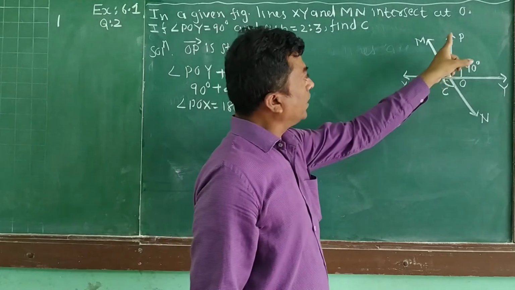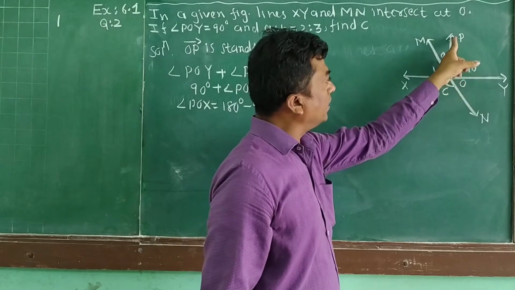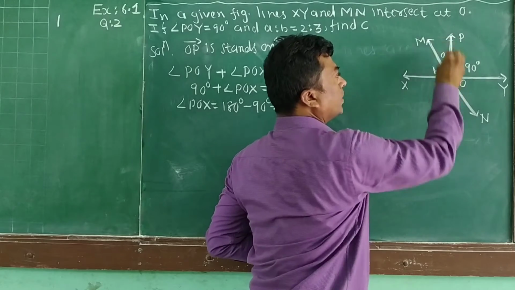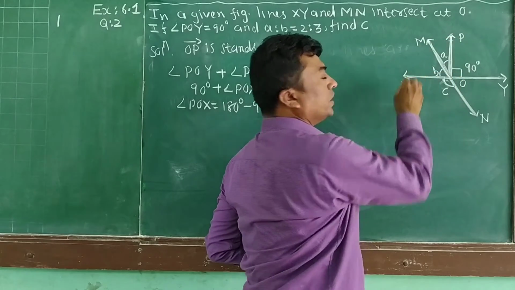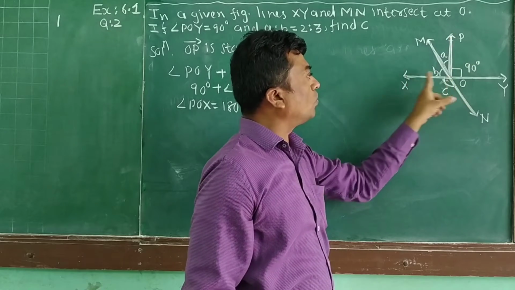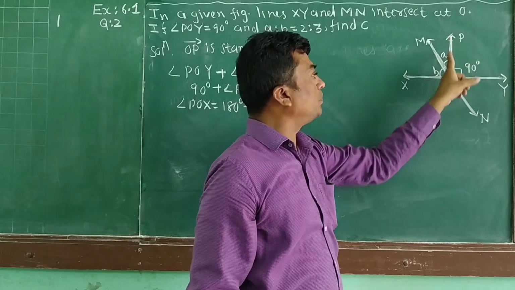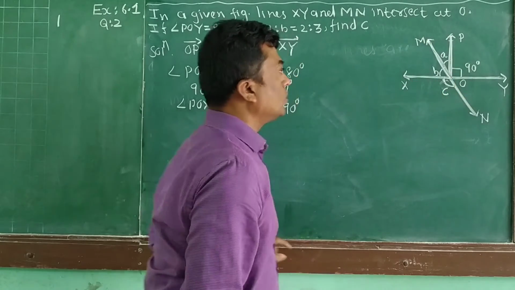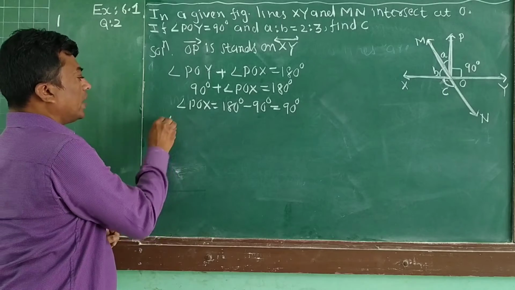Now see, according to this figure, angle PON and angle MOP, their sum is what? Angle POX. Angle POX is equal to angle PON plus angle MOX.